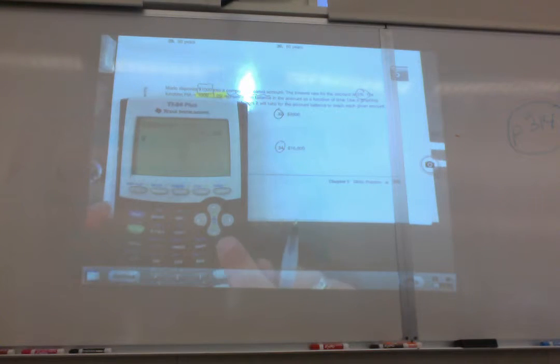Mode clear, window. Okay, so we need Y max at least to 4,000. And let's go in scales of 50. Now, second calc, intersect.